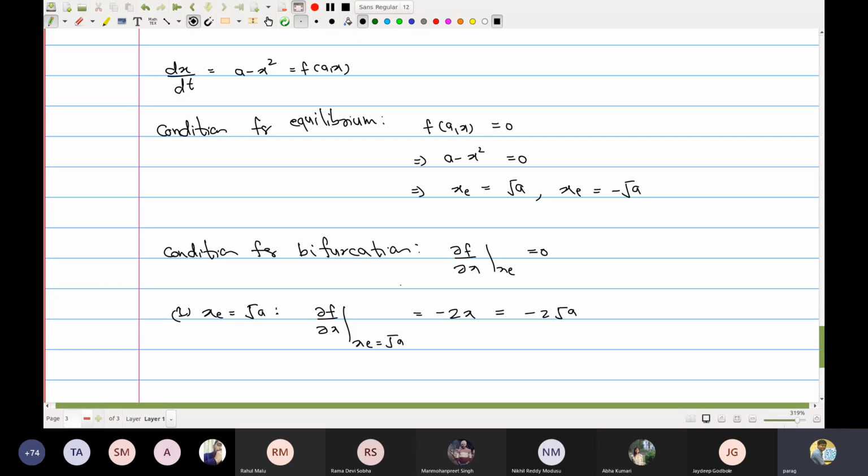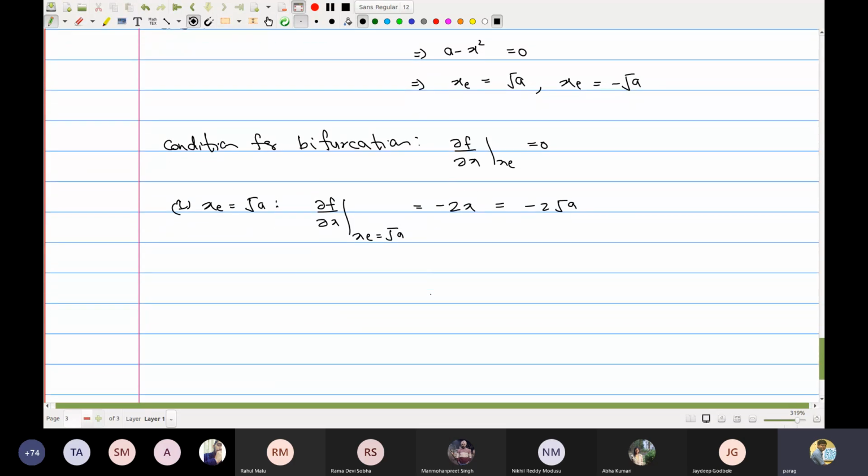Now root a can only be positive. So you write here: xe equal to root a is always stable.